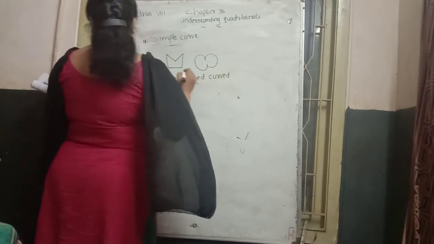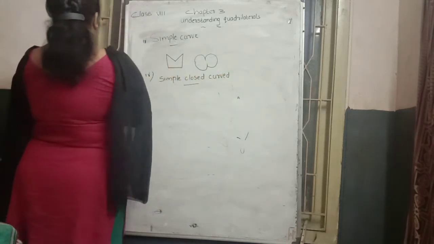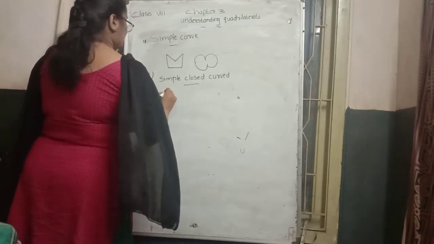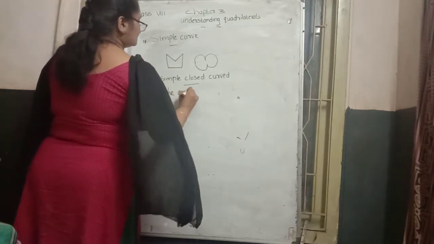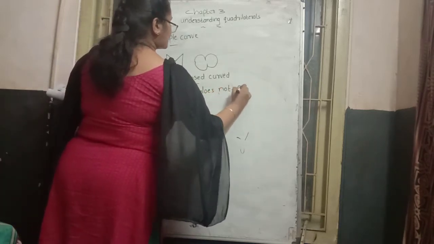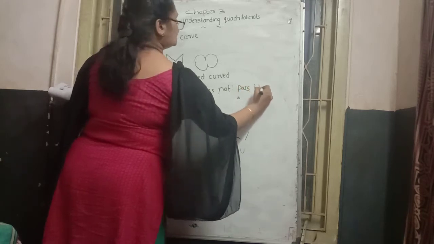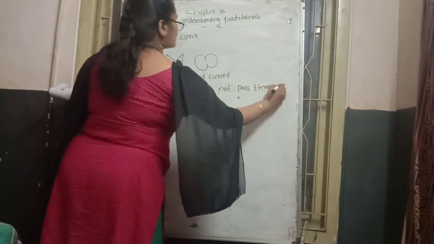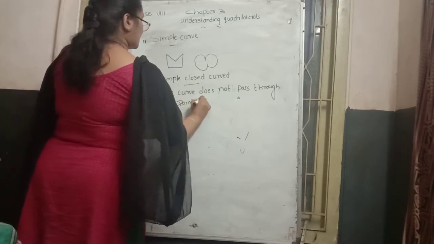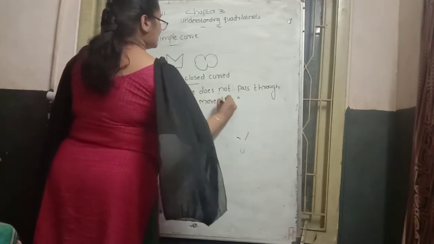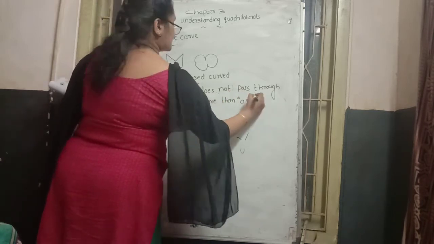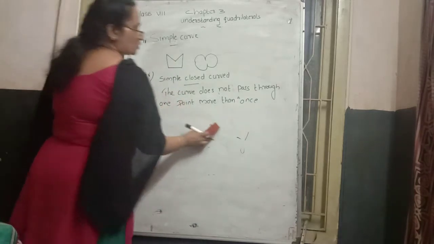In a simple closed curve, the curve does not pass through one point more than once. Not more than one time. We can say it is a closed curve.